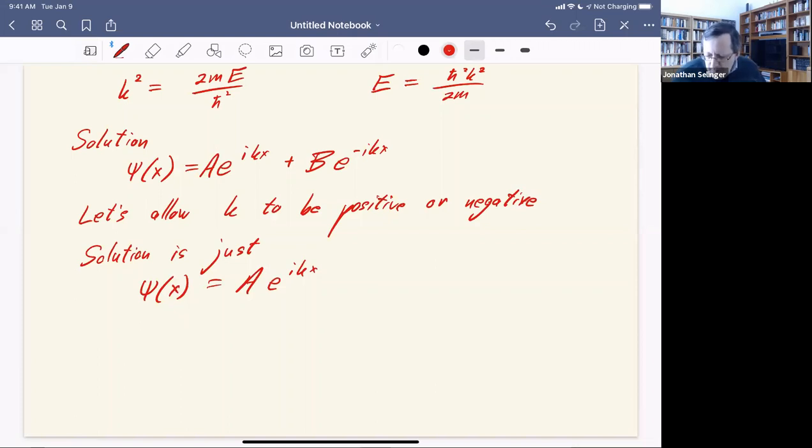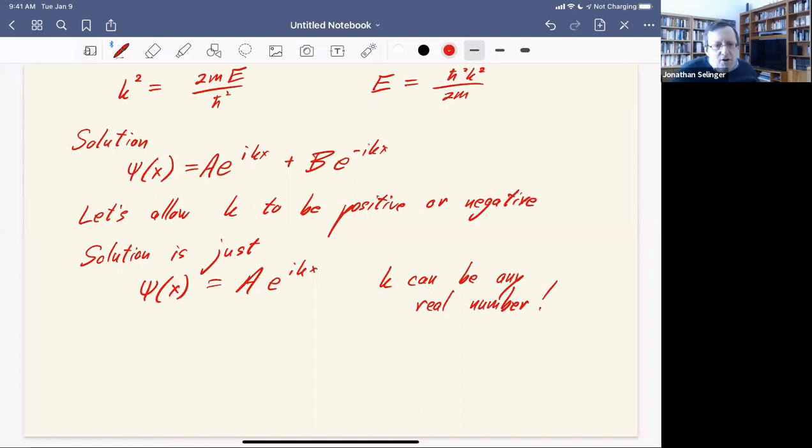This is like the particle in a box, but now you'll notice that k can be any real number. In that respect, this problem is different from the particle in a box.